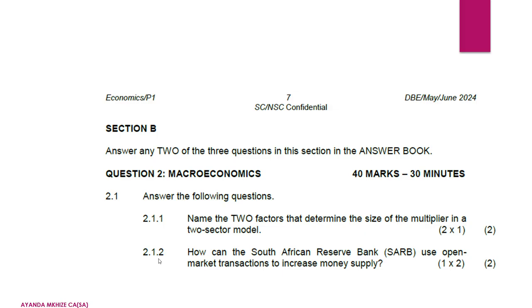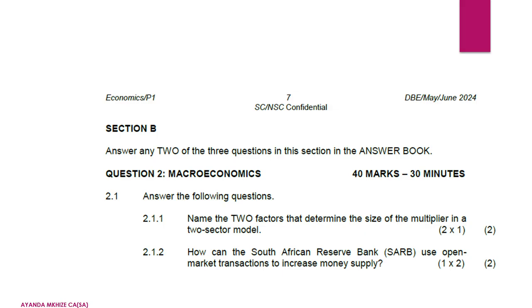Now let us look at 2.1.2. How can the South African Reserve Bank, or SARB, use open market transactions to increase the money supply? Again, I want us to understand what SARB is and how they can use an open market transaction to increase the money supply.